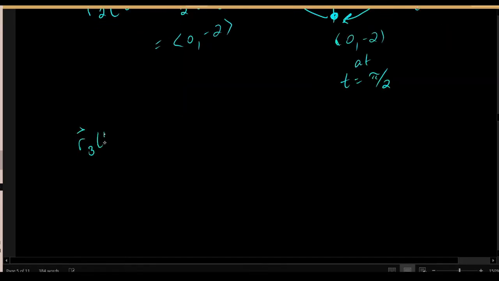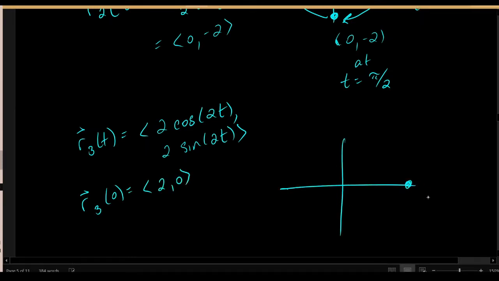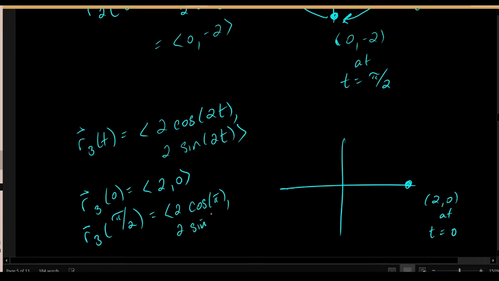Now for r3 of t, if I plug in t equals 0, then I'm still pointing to the point 2, 0, so the same starting location. But if I plug in t equals pi over 2, because that t gets doubled, I'm now looking at 2 cos pi, 2 sine pi, which is already all the way on the left side of the circle.